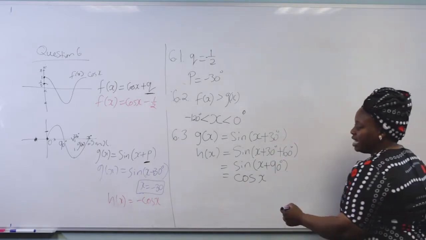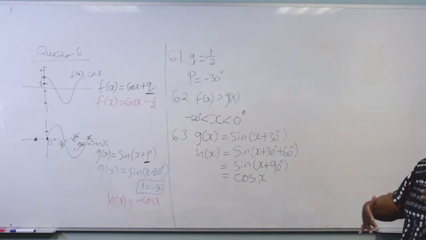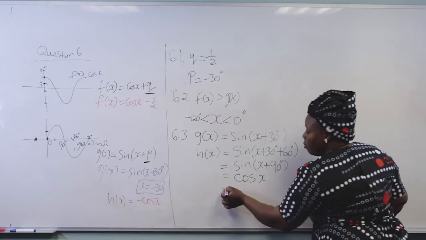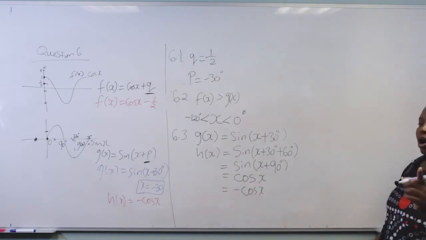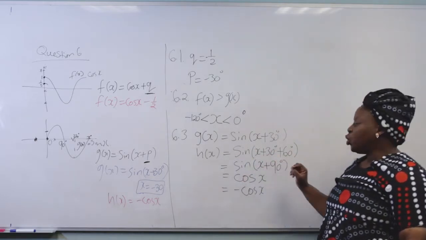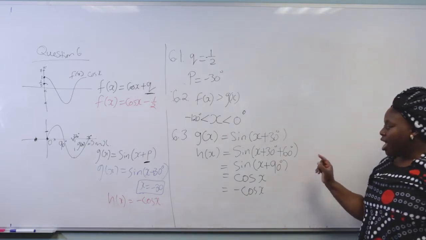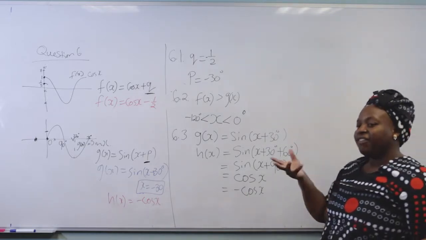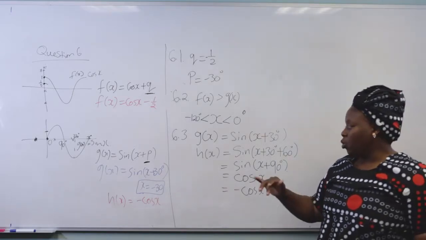So what happened again is that this whole thing was flipped upside down so that it became negative. So it will accommodate that negative cos x. In explanation in words, what you are going to say is that there was a horizontal shift to the left by 60 units. And also there is a reflection along the line y equals 0.